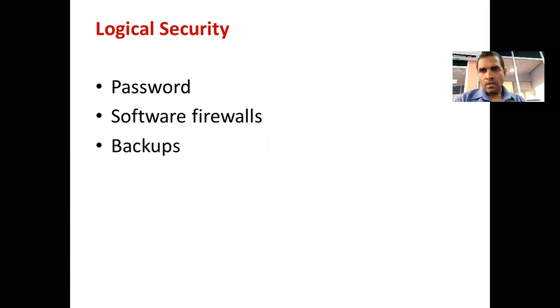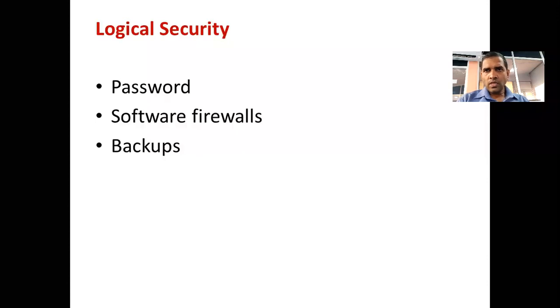Okay, straight away we can take those mechanisms or technologies, right? So first one, providing a password. We all know that a password can prevent unauthorized people from accessing your computer. So when your computer is protected by a password, others cannot come into your computer and see your data or steal your data. This is a protection method.